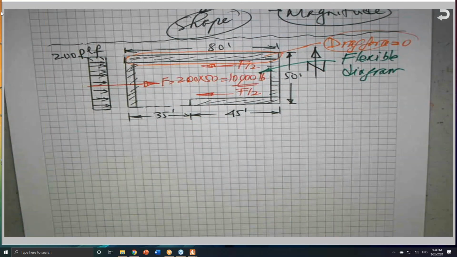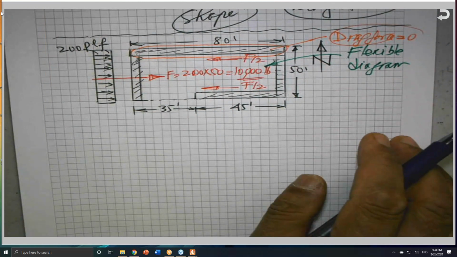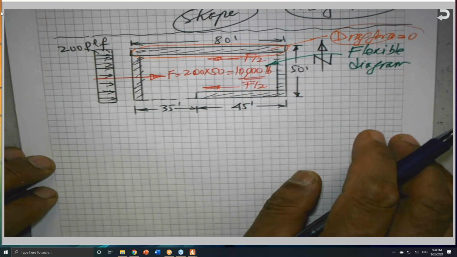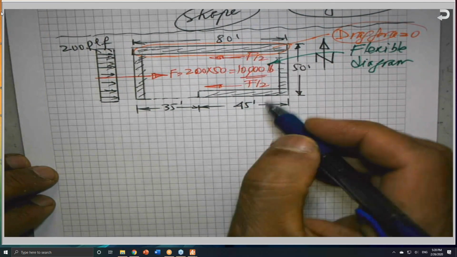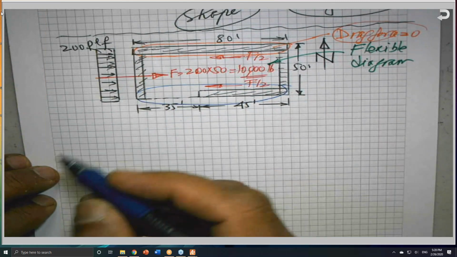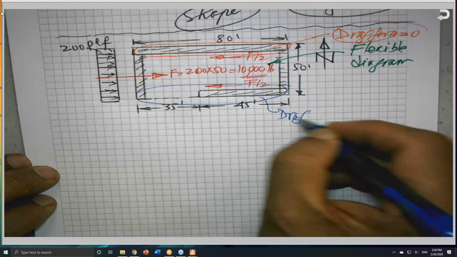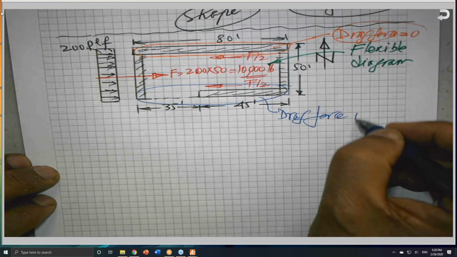So the transfer will be direct transfer between the diaphragm and the shear wall. But here along this side here, I will say a drag force exists.